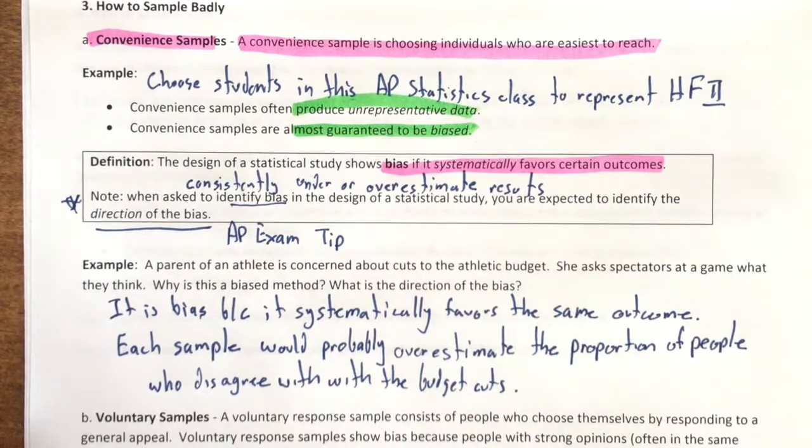That last sentence is important because, again, you are going to have to identify the direction of the bias, and the second sentence right here is your direction of the bias. It's overestimating the proportion of people who disagree with the budget cuts.